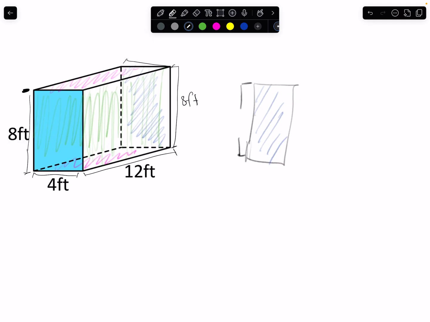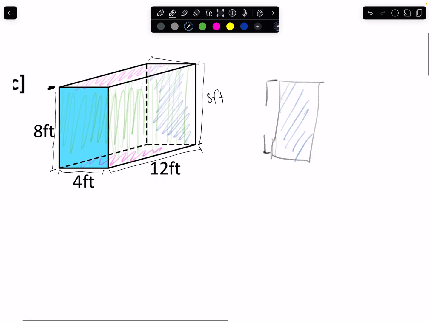We're looking at this bit and we need to see that if that's coming from over here, then our height will be 8. Now, I'll put in 8 feet. Then here, also, this is an American worksheet, so it's in feet, but it doesn't really matter. As long as you're making sure that your units, or whatever units you're using, are squared in the end, that's totally fine. Now, our bottom is 4 feet.